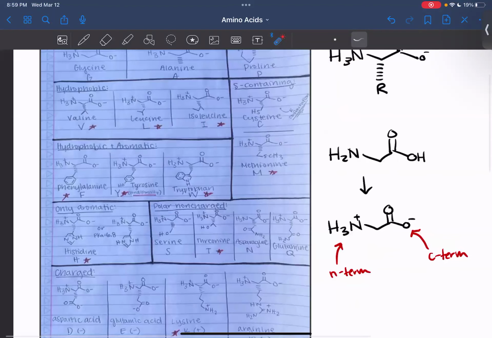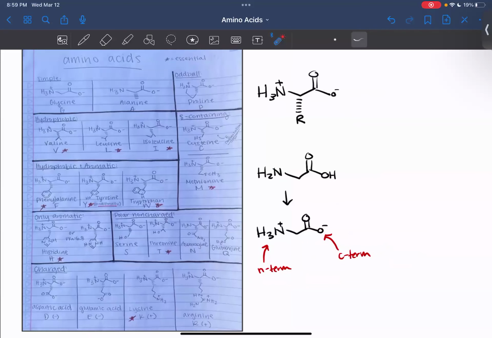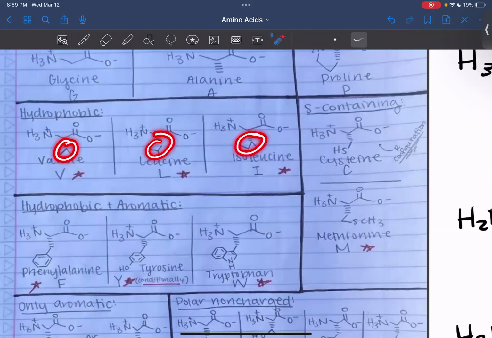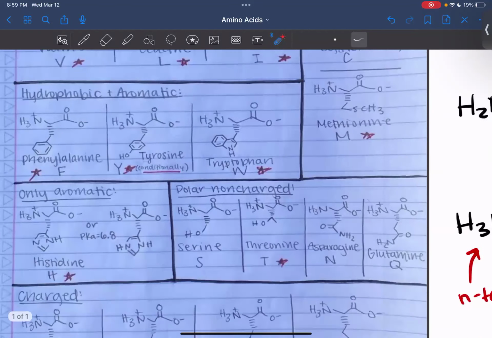Something that is all carbon is going to fear water, be hydrophobic. Something that is in a ring and doesn't have many nitrogens or hydrogens will be your aromatic ones, hydrophobic and aromatic. The reason why these ones are in a ring but not hydrophobic is because there's enough hydrogen bonding regions on here to engage well with water.